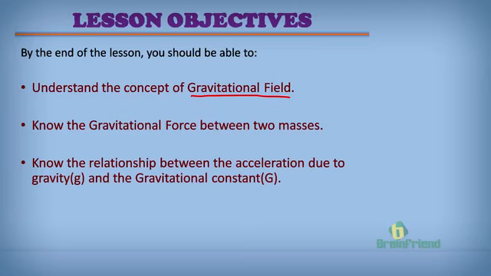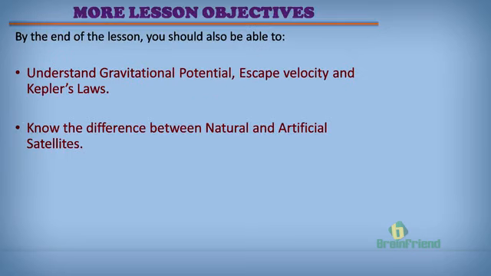Again, we should be able to understand the relationship between the force of gravity and the gravitational constant. Furthermore, we should be able to state Kepler's laws governing planetary motion. And finally, we should be able to know the difference between natural satellites and artificial satellites.